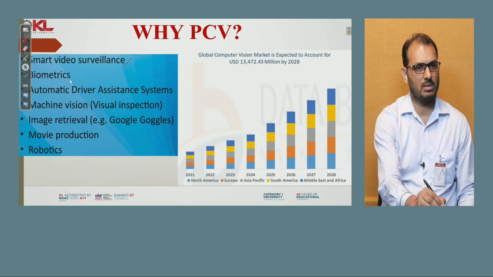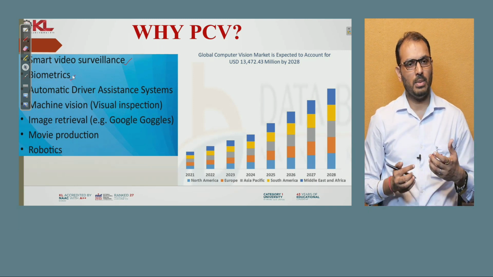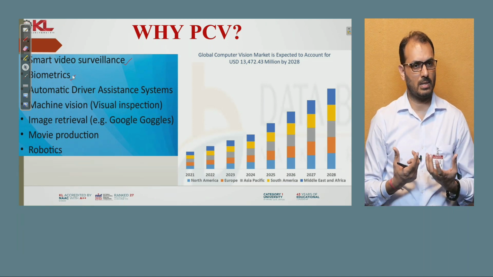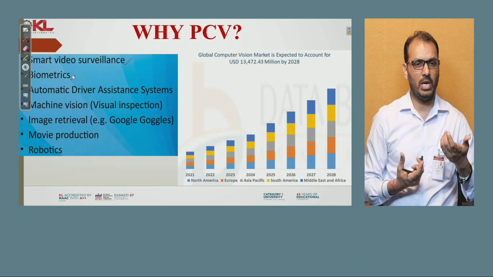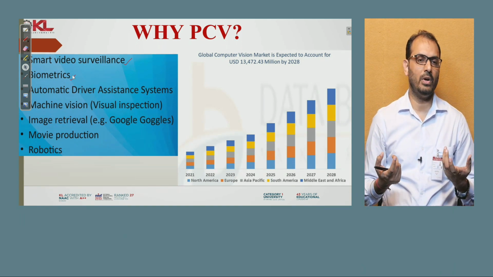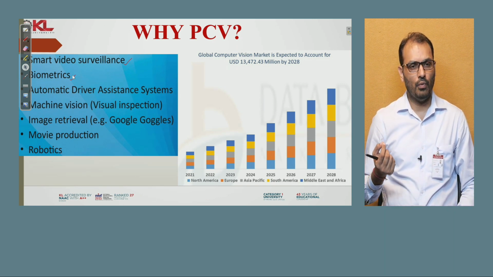Second is the biometric system, right? Biometric, all of you know that. Biometric means behavioral or physiological characteristics. Based on the behavioral, we have different types, and based on the physiological, again we have different types of biometrics, like face, finger, voice.